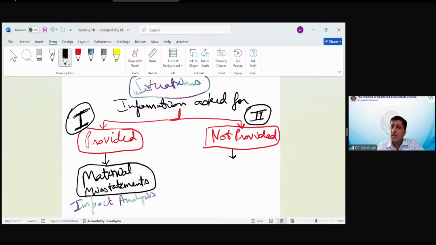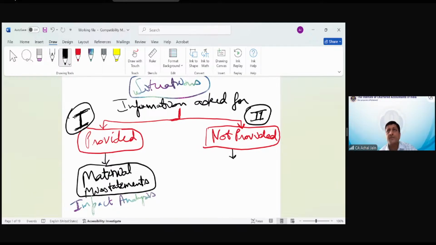Auditor is asking for some documents, certain invoices, certain details, some workings from the management. Some of those details have been provided by the company. Some of those details have not been provided. They are not available, or just to conclude, some of those details are not provided by the company.